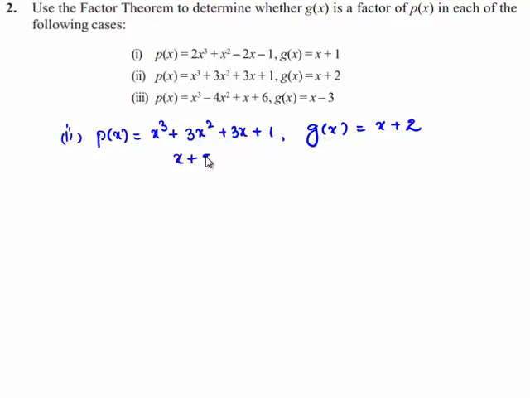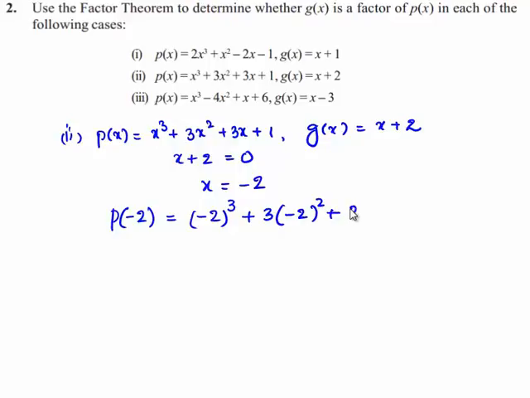It is x plus 2 is equal to 0, which is x is equal to minus 2. Substituting the value of minus 2 in the given polynomial, we get P of minus 2 is equal to minus 2 whole cube plus 3 times of minus 2 whole square plus 3 times of minus 2 plus 1.